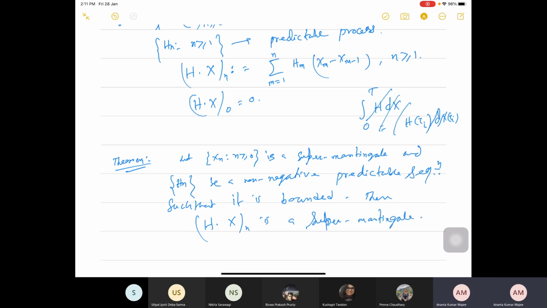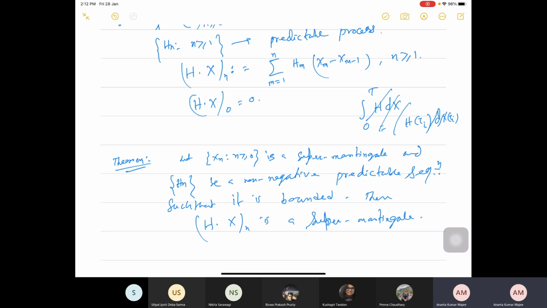So there is nothing special about the supermartingale. In particular, if x_n is a submartingale, then we have similar conditions. And if x is a martingale, then h·x will again be a martingale. But for the martingale case, I don't need the non-negativity of h_n.